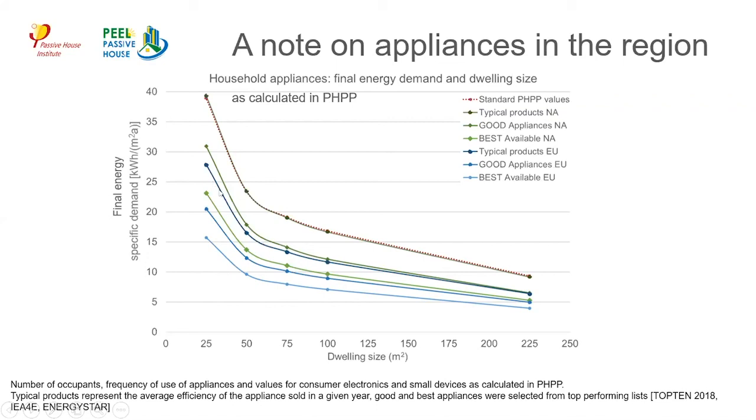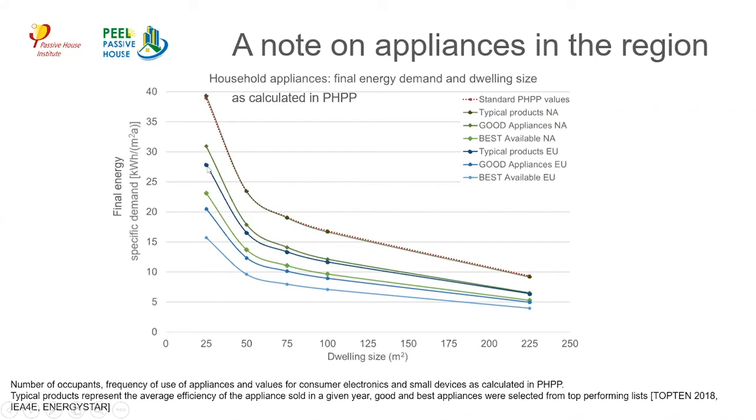The next one is an average of good products in North America. These are not the best available, but you can already see that if you use products that are, for example, certified by Energy Star and are better than the ones with the maximum energy demand, then you can already save a lot of energy through that.